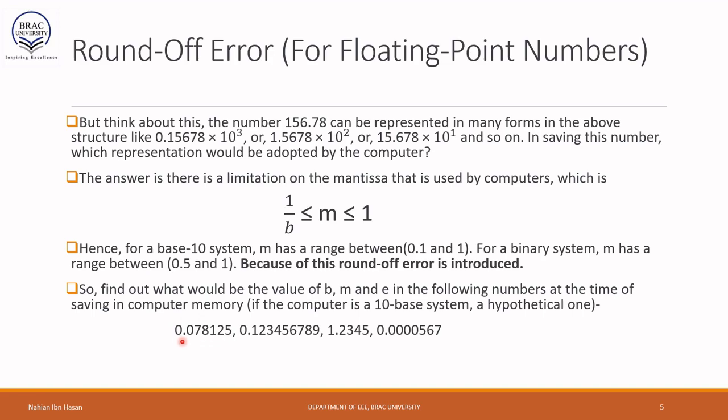So that's the case where you lose a significant digit whenever you save it in the mantissa. Think about it. If the number was allowed to be saved as 7.8125 times 10 to the power minus 1, then the mantissa would have scope to save an extra digit.